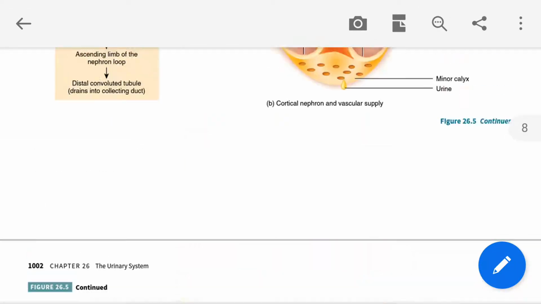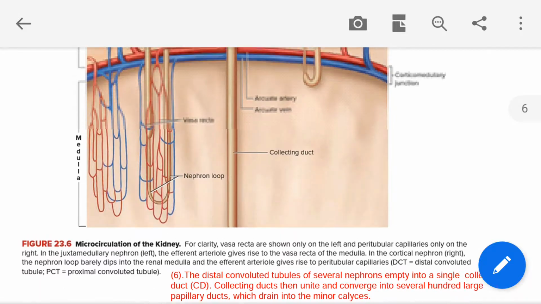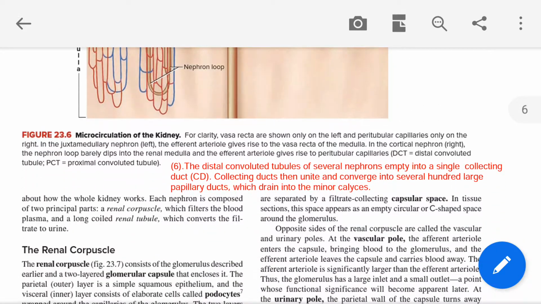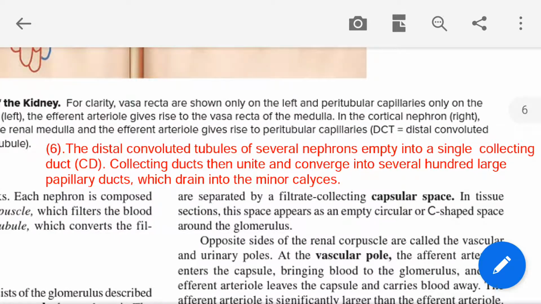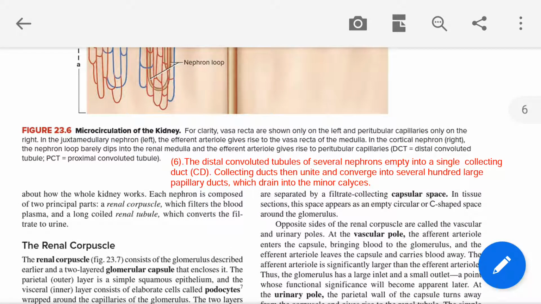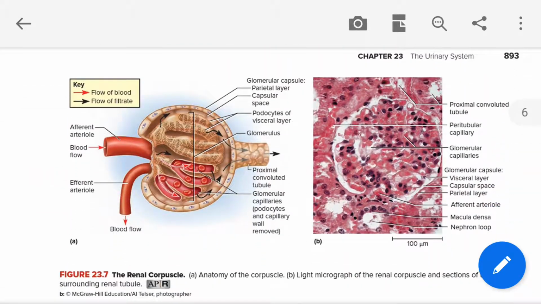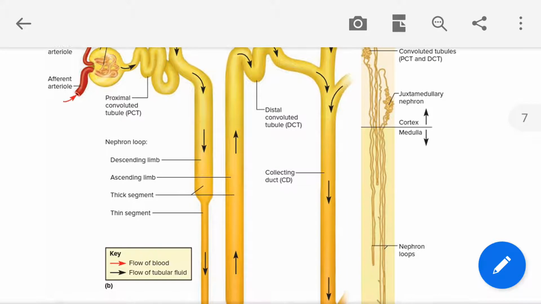Okay, so we were discussing the sixth point. Papillary duct, they drain urine into minor calyx. Now we are discussing the seventh point, but before that, see here also.